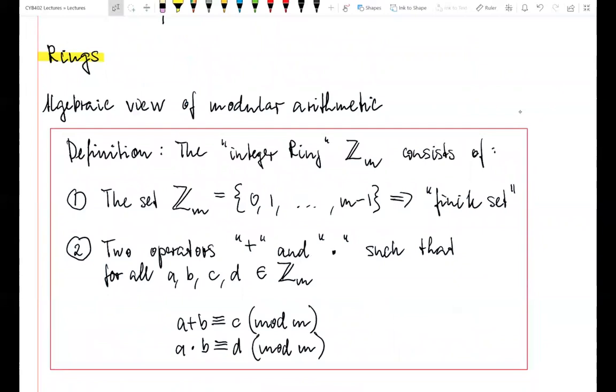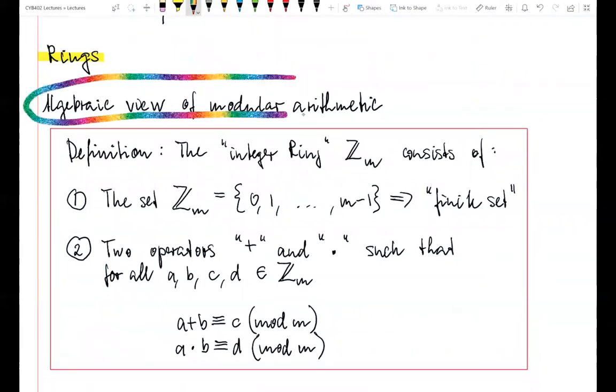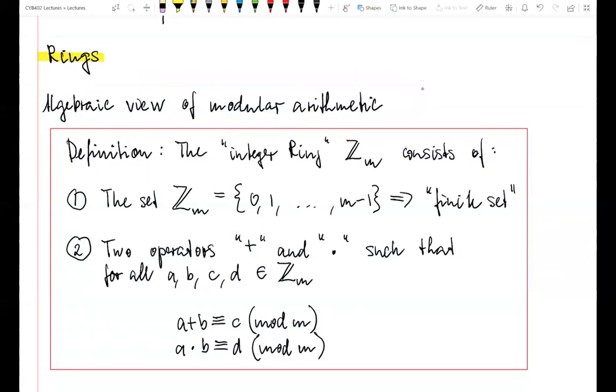Rings and groups are incredibly important for us, as we will see. And again, what we try to do here, and I said that already, is act on finite sets, and finite sets have operations operated on them, which are modular arithmetic operations.